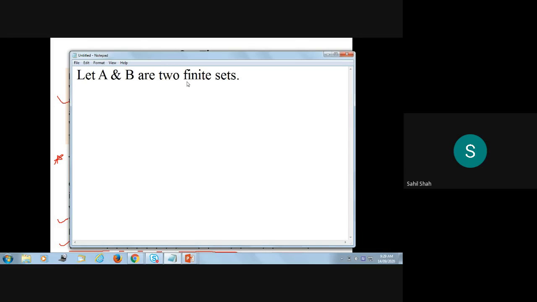How can we write set A in terms of A minus B and A intersection B? I can write A is equal to A minus B union A intersection B. What are the elements present in A minus B?